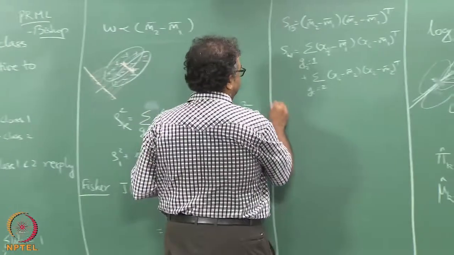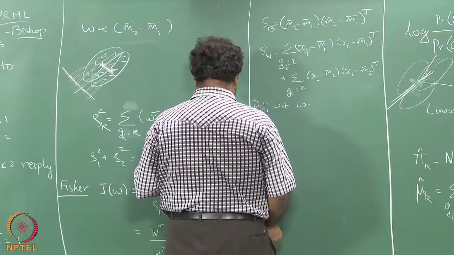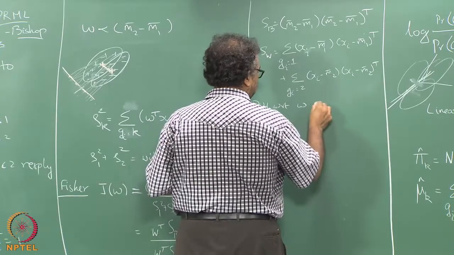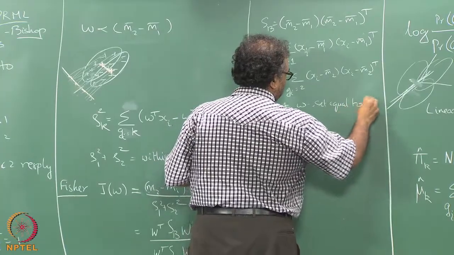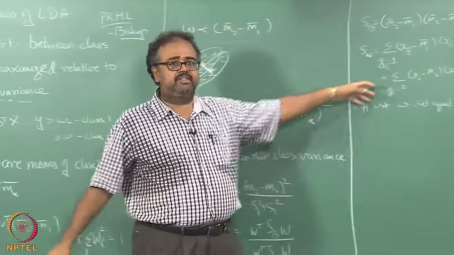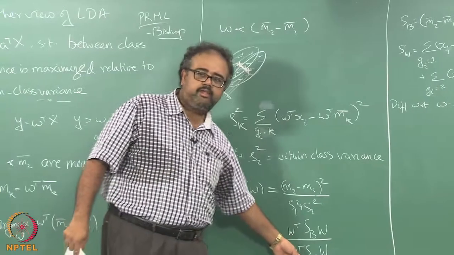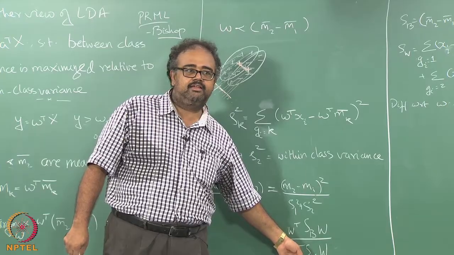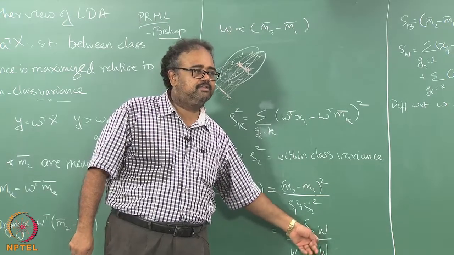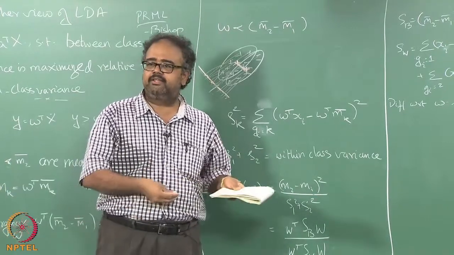So differentiate with respect to W and set it equal to 0, right. So this is U by V, right. So people want to tell me what the differential will be?